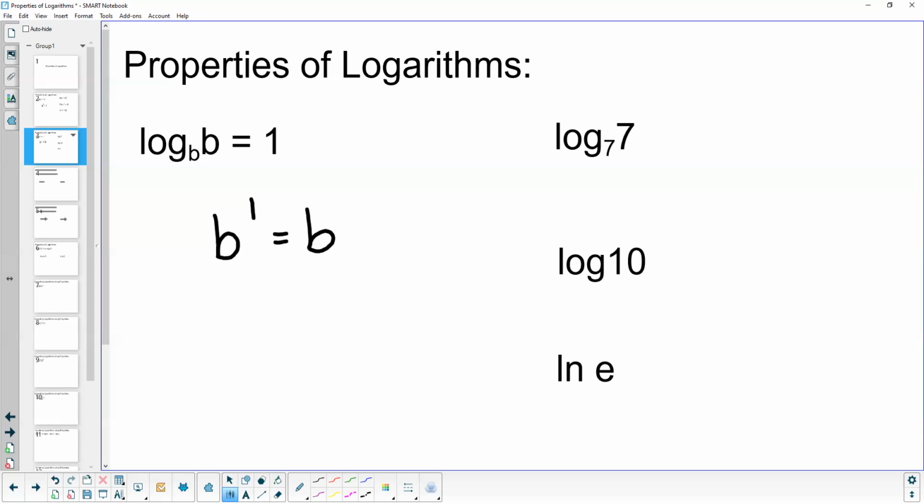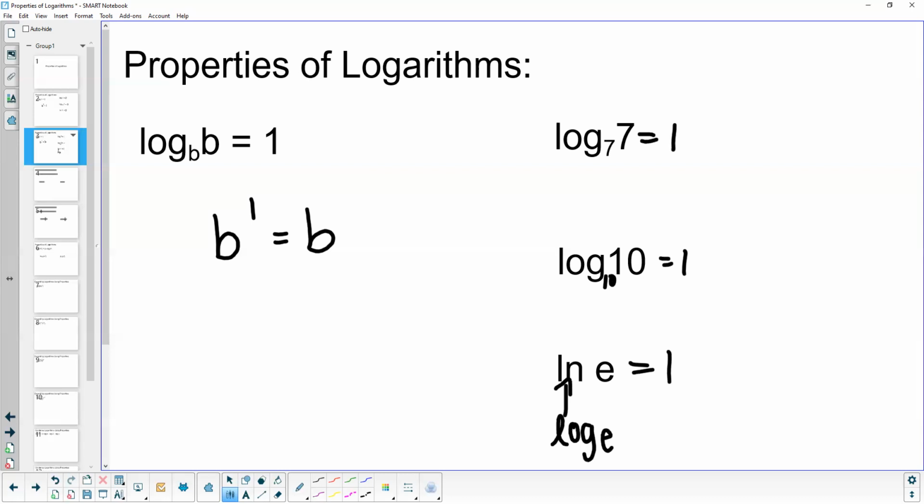So log base 7 of 7 is 1, log of 10, remember if we don't have a base there, that means it's a 10, is going to be 1. And also the natural log of e is equal to 1, because remember our natural log is defined as the log of base e. So anytime that we have a log, regardless of the base, if we're evaluating it at the same number the base is, then it's going to be equal to 1.